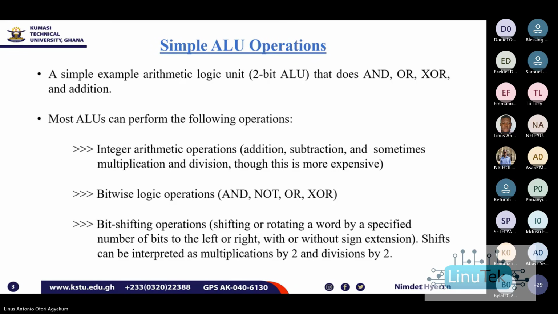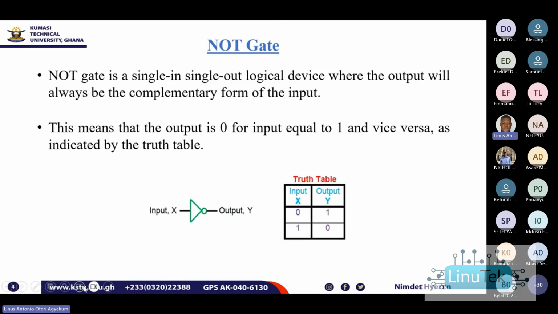Okay. So this is basically an extension of digital electronics. Now, for the arithmetic operations, we already know all of them in terms of addition, multiplication, and all that. Those ones are easy to do.